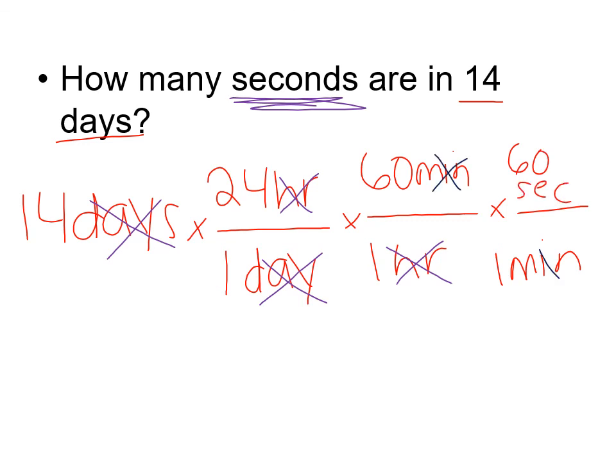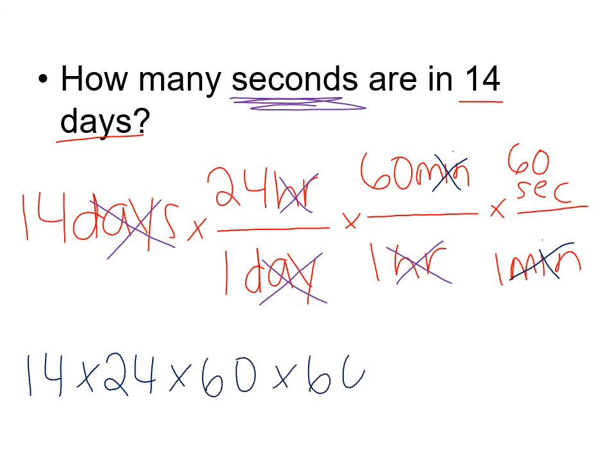And then now let's double check. Our units canceled: days canceled, hours canceled, minutes canceled. I'm left with seconds, which is what I wanted. So to type this in, 14 times 24 times 60 times 60. And then there's only 1 at the bottom.